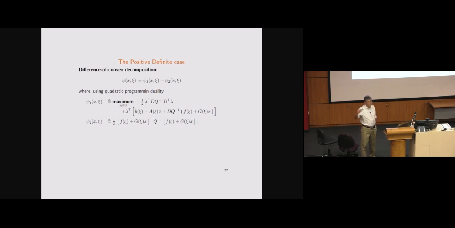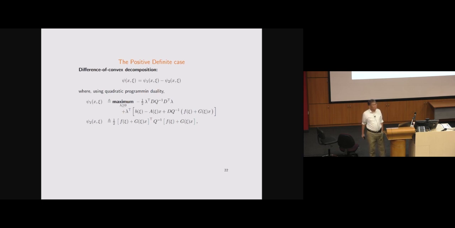Basically, this is just a dual. So this is a convex function in X. And this part is a quadratic function in X. So this minus this is a difference of two convex functions. But the concave part, the second part, is a nicely differentiable function.